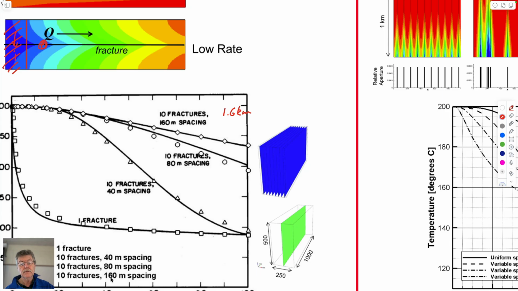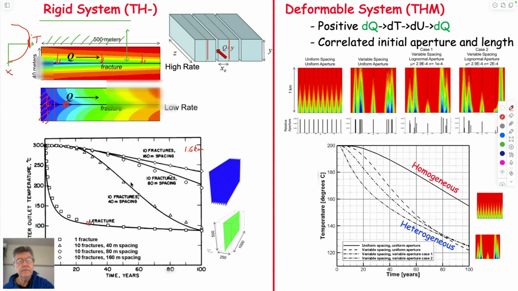Yeah, fine. If you have a single fracture in the whole system, you'll draw down the temperature very quickly. So that is this case here. If you have 10 fractures making up that same component, then this is the behavior you'll get.